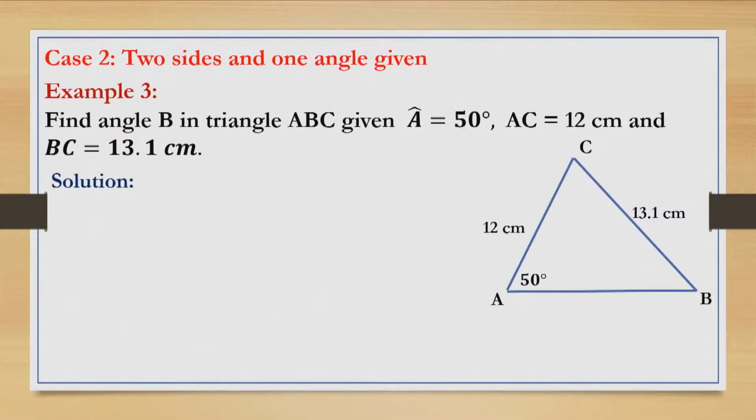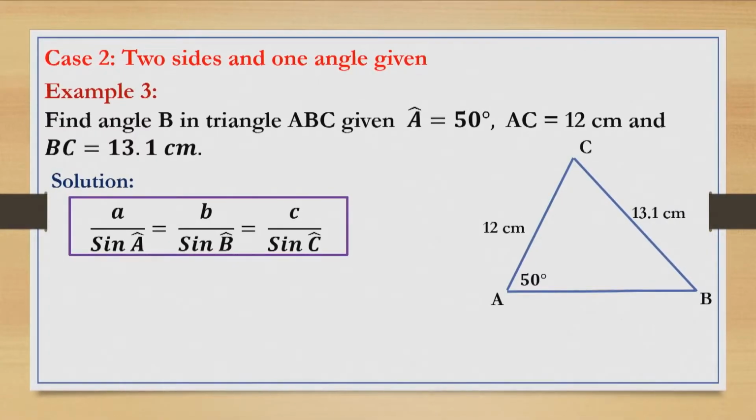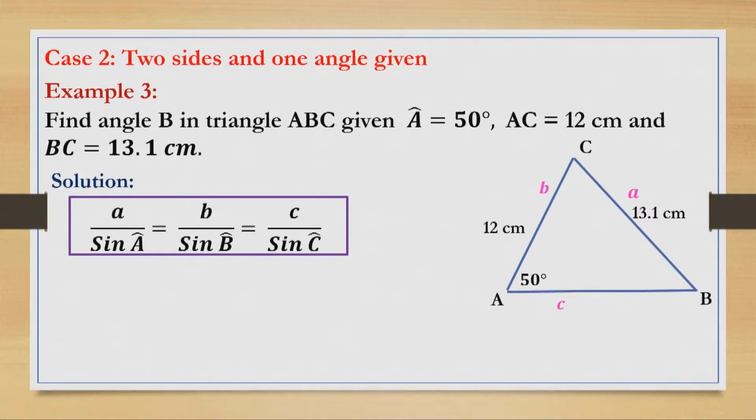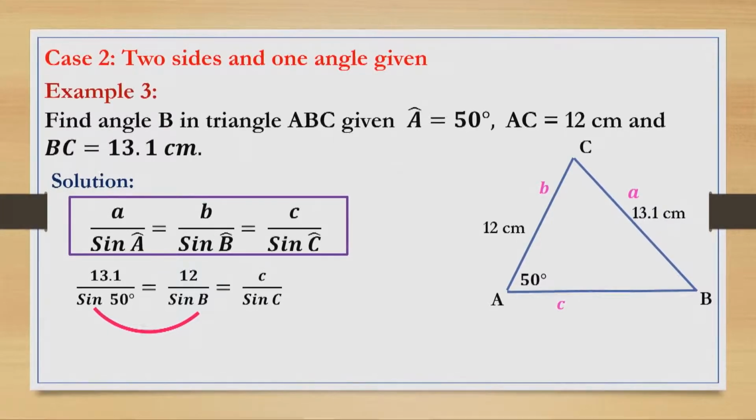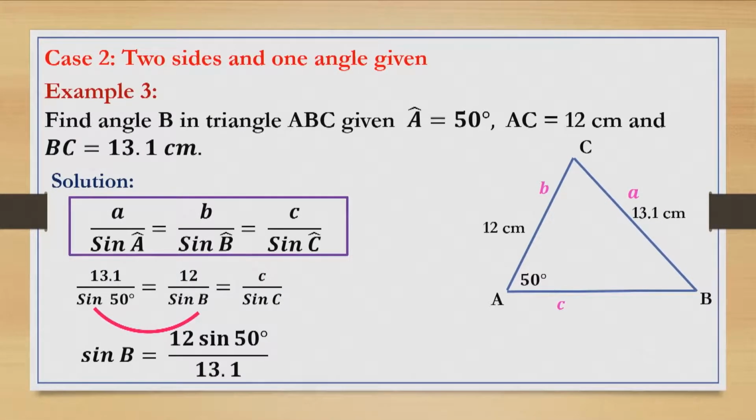So again, I will have to write down the formula first. I label my triangle with small letters a, b, and c. I plug in the known values in the formula. Now, I consider the first two. Cross multiply, simplify, I get sine B equal to 12 sine 50 degrees over 13.1.